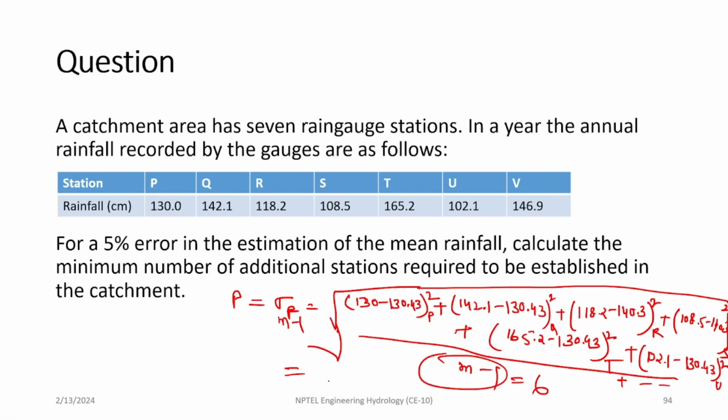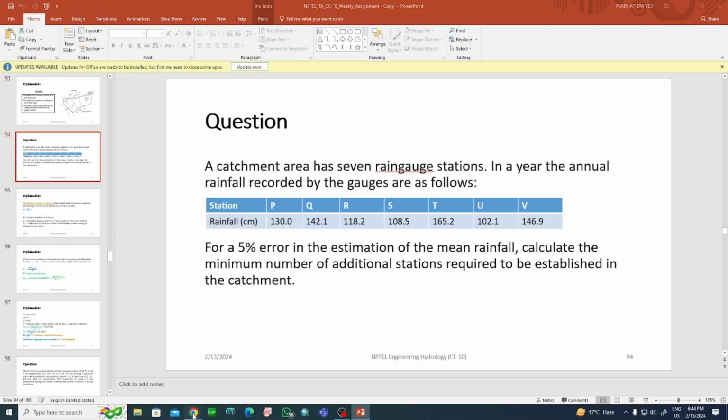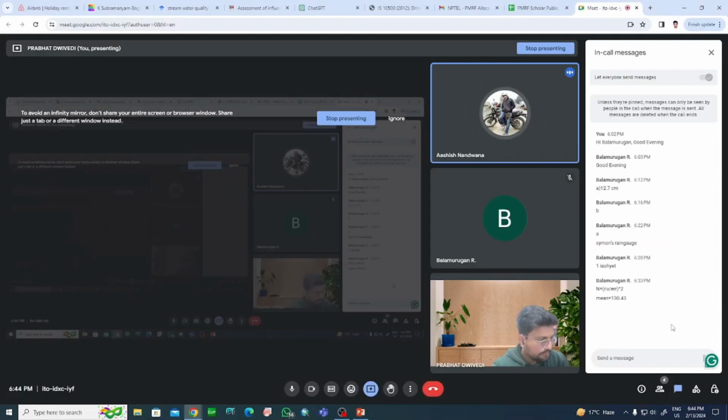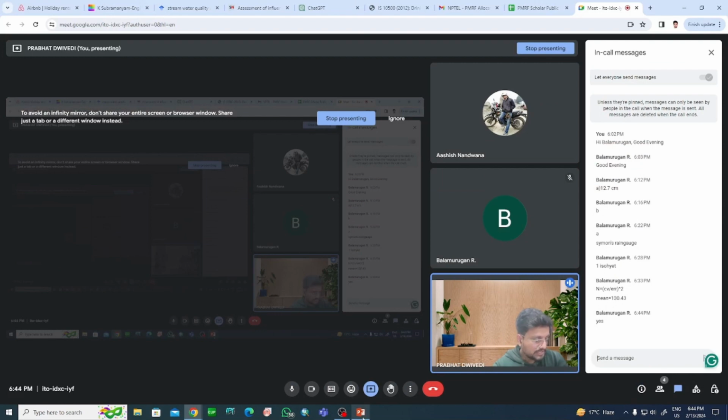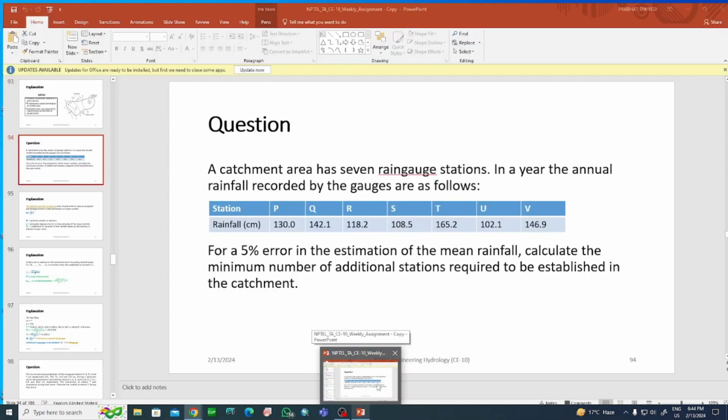Balamurugan, are you getting the value? Yes, Guruji. Okay, you are getting it. It will be good if these values match, because you should be getting the answer.